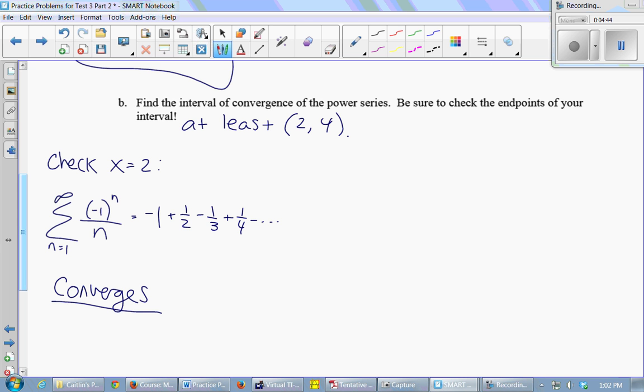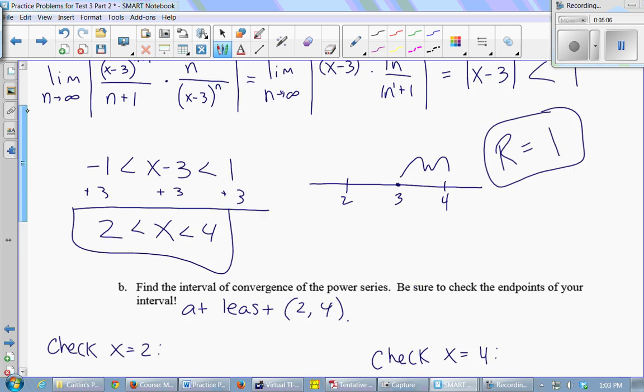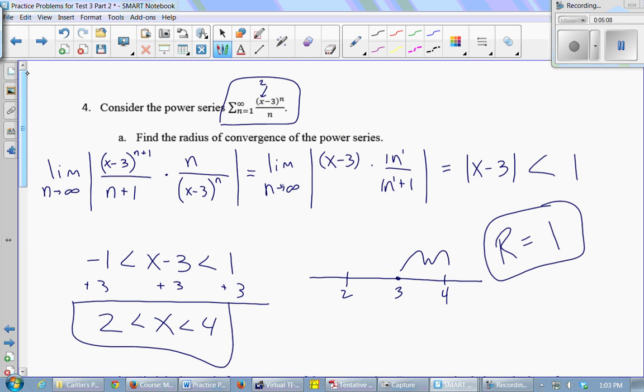When I check x equals 4, I get the sum from n equals 1 to infinity of 4 minus 3. If you replace this x here with a 4, you get 4 minus 3, which is positive 1.